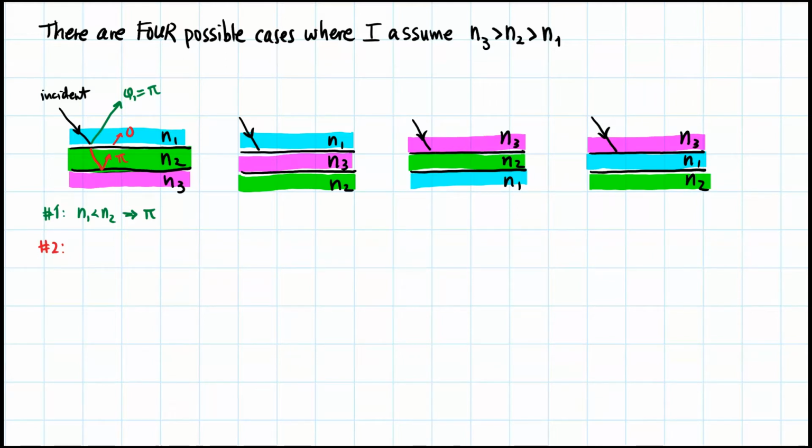So when I'm looking at this here, I'm going to get N2 less than N3 gives me a phase of pi. And as I go from N2, which is greater than N1, I'm going to get a phase of 0. So summing these two here, I get 0 plus pi.